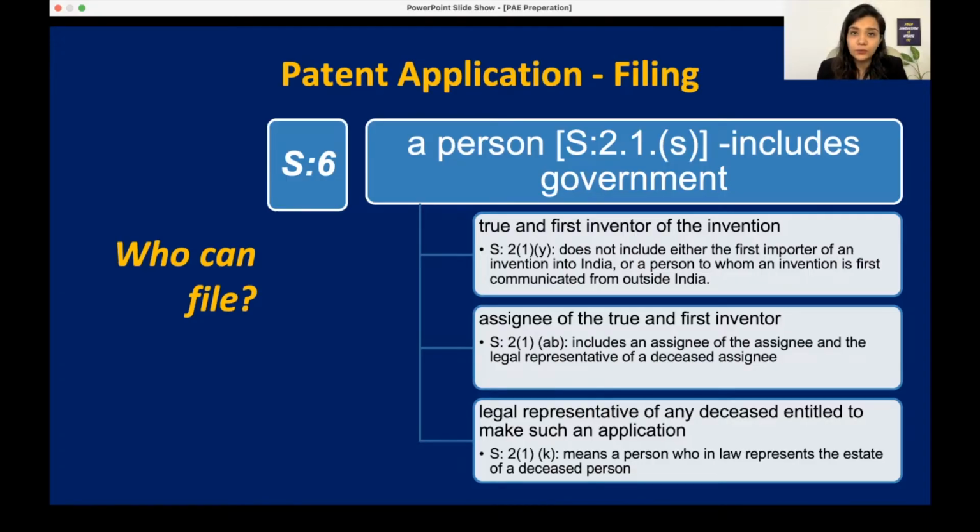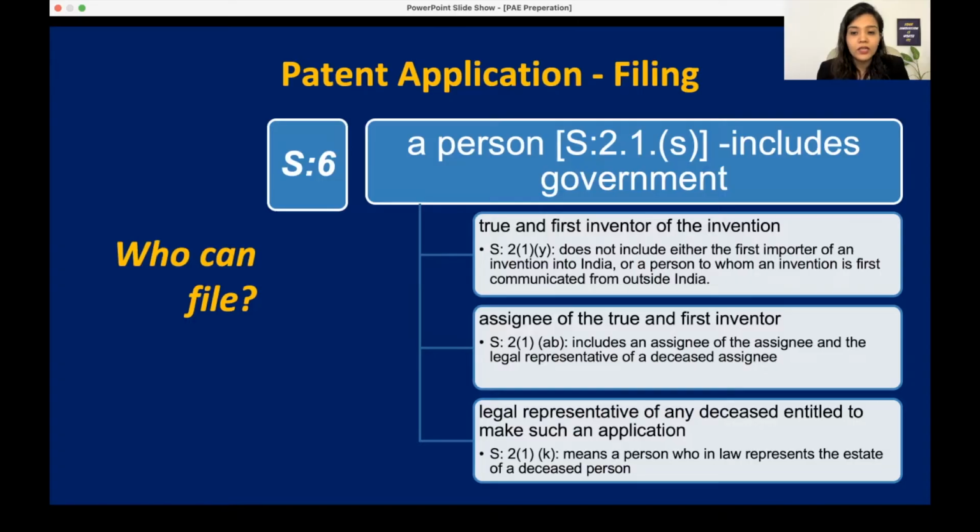That's why it's important to understand the term assignee, and it includes, for example, if PA Legal assigns it to somebody else, then that person can also be an assignee. Or if I die, then my legal representative can apply for the patent application. Then it's called legal representative of a deceased assignee.